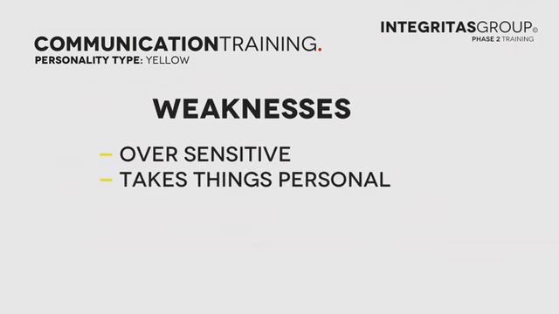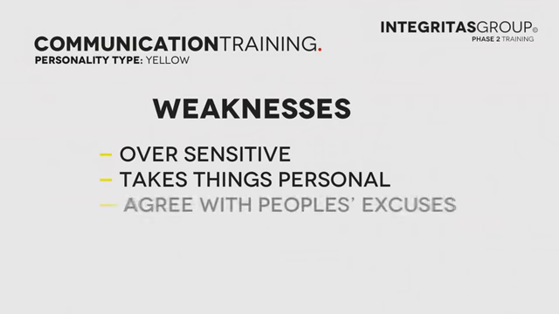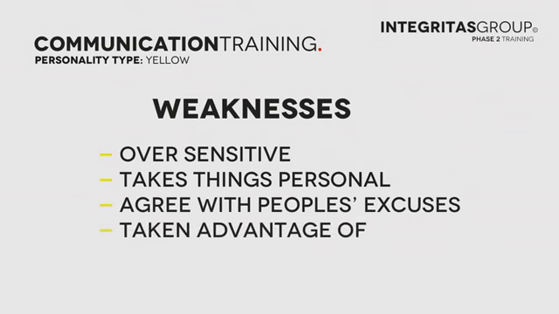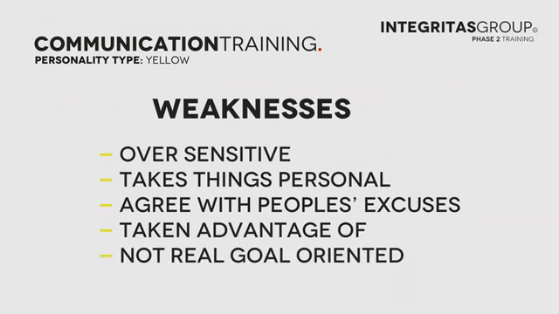They can take things personally. Sometimes when people make excuses, they'll just agree with it as opposed to calling them out on it. Because of this, a lot of times they'll get taken advantage of by other people. A lot of people will spot a nurturer and take advantage of the giving side. And because they're very focused on helping people, they're not very goal-oriented.